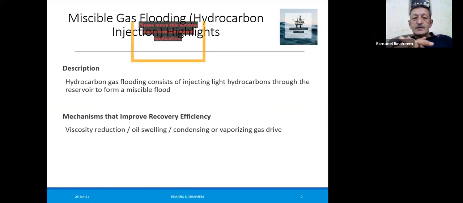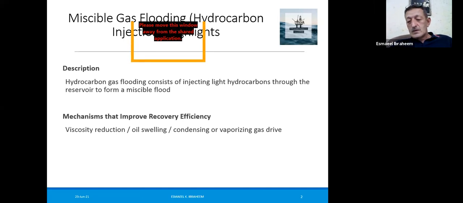In this process, we will inject hydrocarbon gas to light the hydrocarbons through the reservoir to form a miscible fluid. The mechanisms that improve recovery efficiency are reducing viscosity, increasing oil swelling, and condensing or vaporizing gas drive.